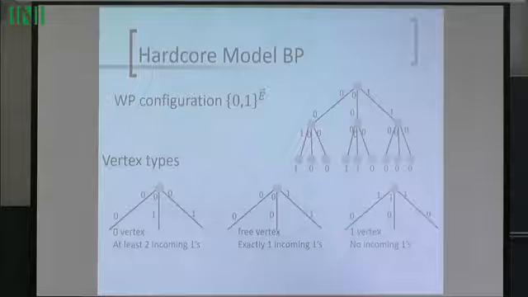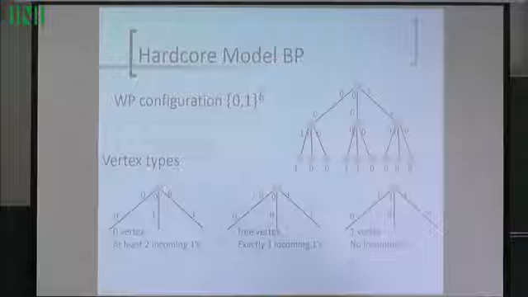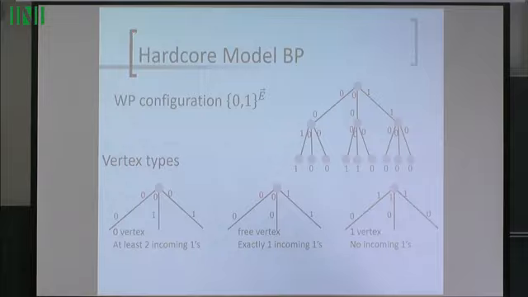The boundary case is when you have exactly 1 incoming 1, and then the rule would say this message would be a 1. But the other incoming messages are 0, so the outgoing message on that edge is also a 1. So you have an edge with a pair of 1s going across it. We call these vertices free vertices, and they come in pairs. They're just the edges where you have two 1s on the 2 directed edges.